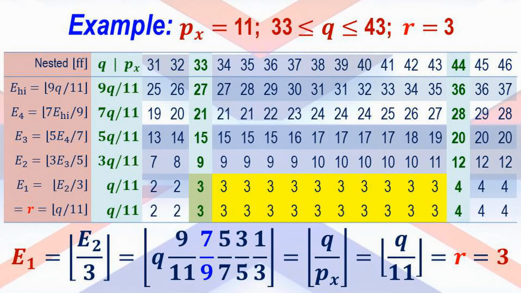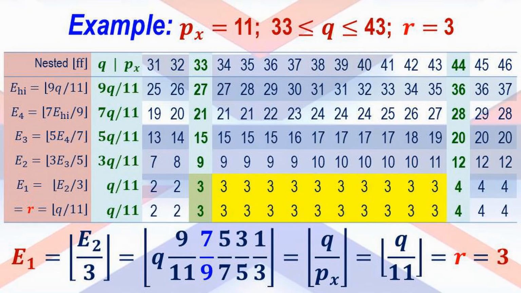But then, if we go between Q equals 33 and Q equals 44, but not quite as far as 44, then we see that sure enough, after all these filtering stages, E1 is indeed always equal to 3. It cannot be anything else. And we also know that the floor function on Q divided by 11 must also be exactly 3, and for the same reason, and so they are equal.